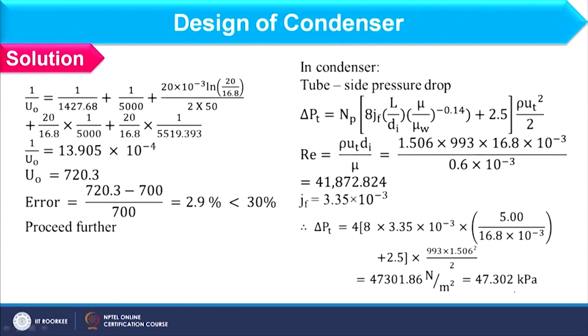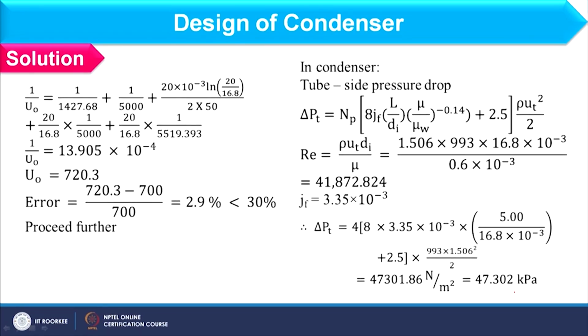So, once I have the heat transfer coefficient in tube side as well as in shell side, and the fouling coefficient is also given to us as 5000 for both fluids, and the thermal conductivity of the material is given to us, we can simply calculate the overall heat transfer coefficient by a known equation with 5 terms.